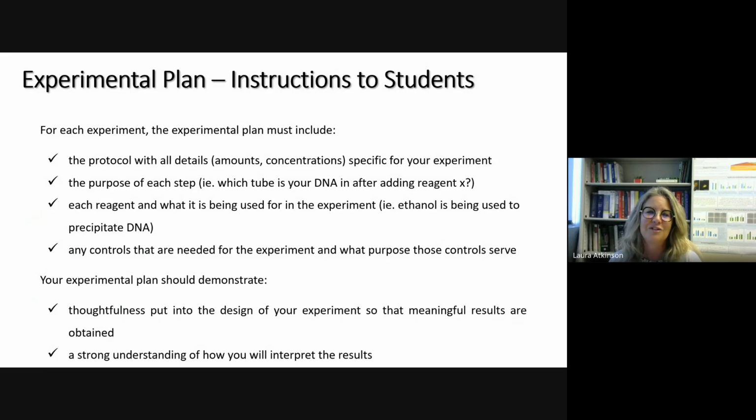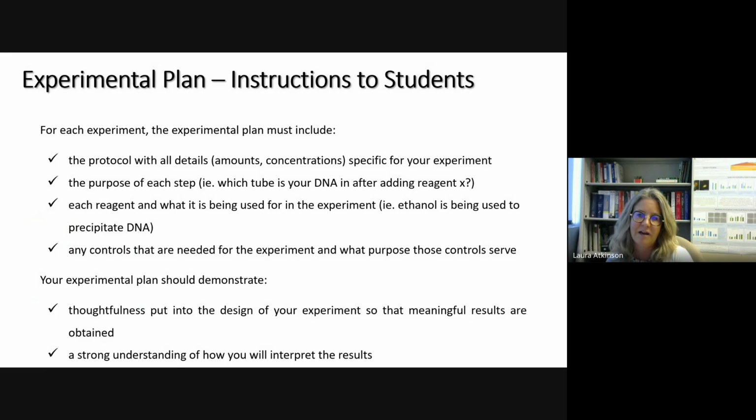Now, obviously, I understand that this is very specific to a molecular biology course, but we have used it in several iterations of different courses. And, obviously, you just have to fine tune it to your experiment. The requirement is that they need to demonstrate thoughtfulness in the design of their experiment. So if they need to prepare a reagent and it says you need 300 microliters of this reagent per sample, they need to know how many samples they're going to have.